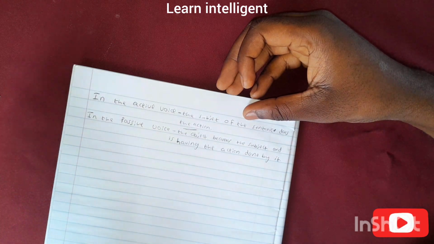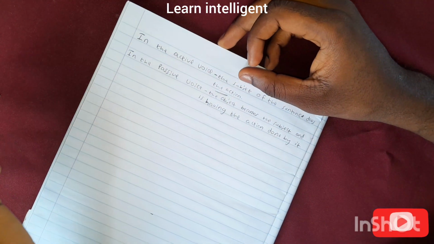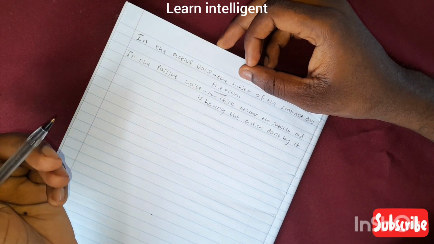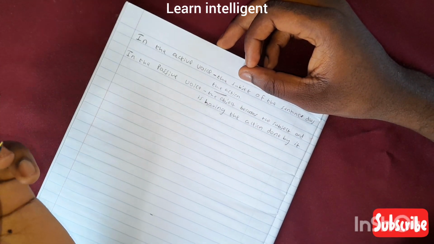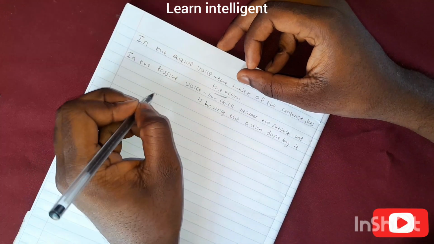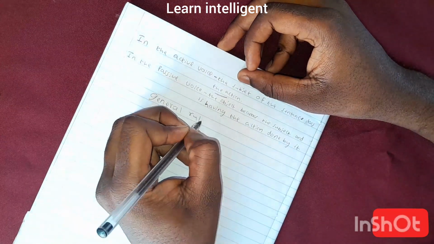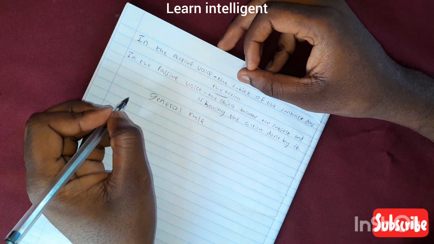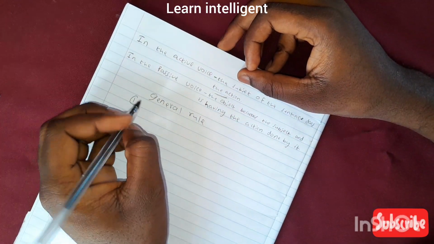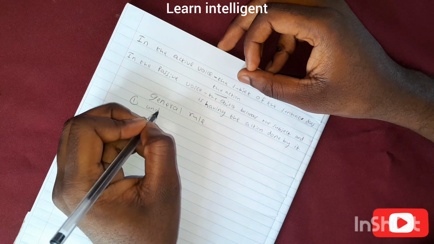For us to be able to change a sentence from active to passive, there is a general rule that you must follow. The first one: we have to underline the verb.